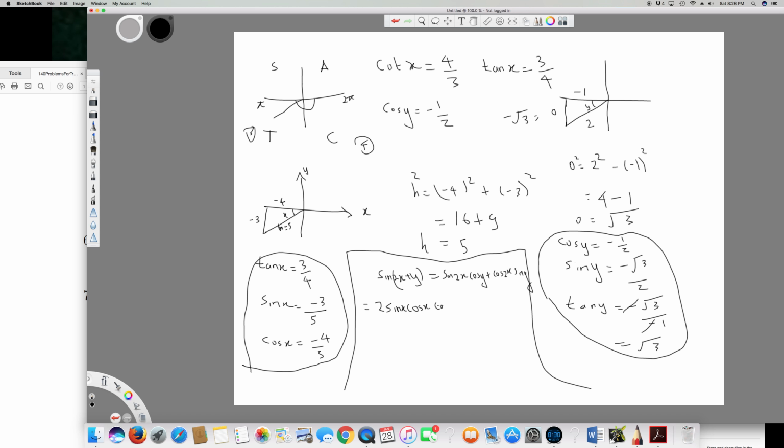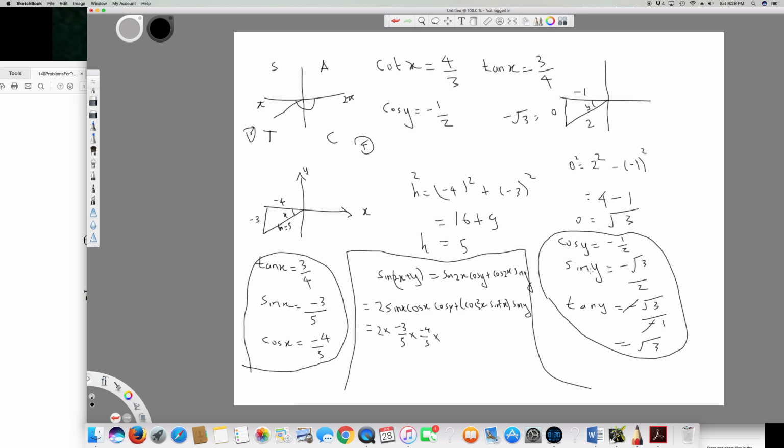So sin 2x is expanded as 2 sin x cos x, and cos y, plus cos 2x sin y. So as I told you already, cos 2x is expanded as cos square x minus sin square x, right? Sin square x, sin y. So let's see. So we know that sin x is equal to minus 3 over 5. So 2 into minus 3 over 5, minus 3 over 5 multiplied by minus 4 over 5.